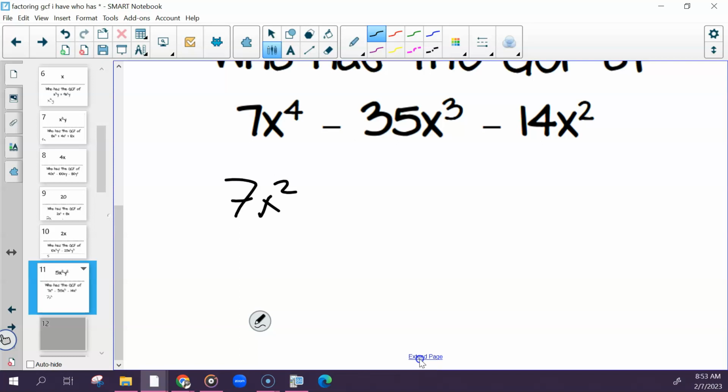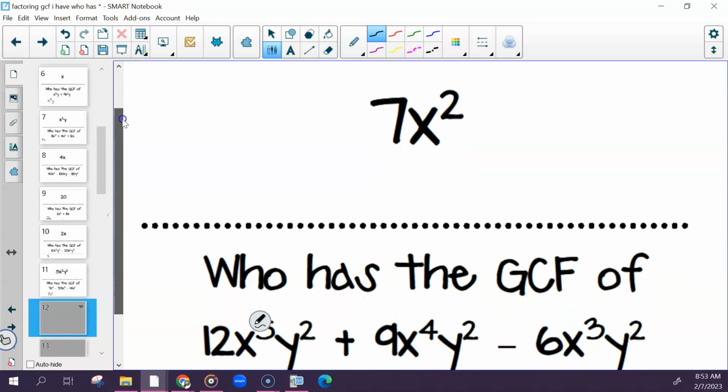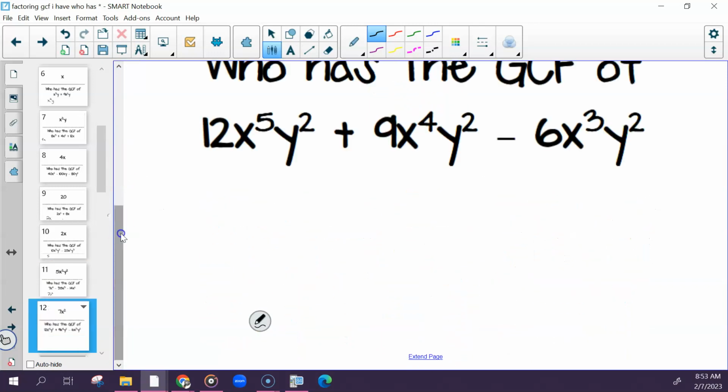Actually, 12xy squared plus 9x minus 6x cubed. Okay. So whoever has that GCF.